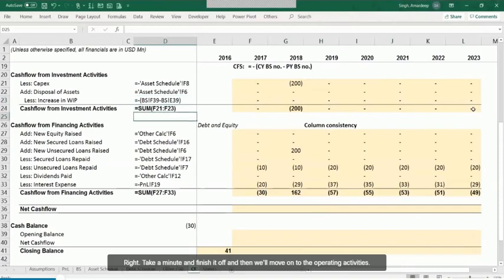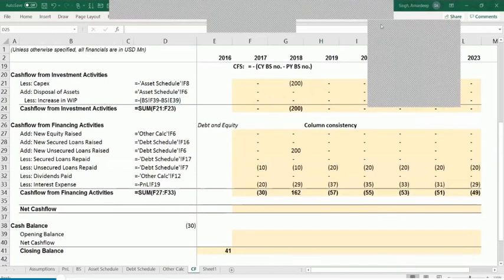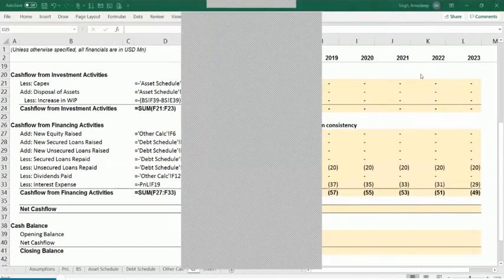Take a minute, finish it off, and then we'll move on to the operating activities part. In the meanwhile, if you've got any questions, please let me know.